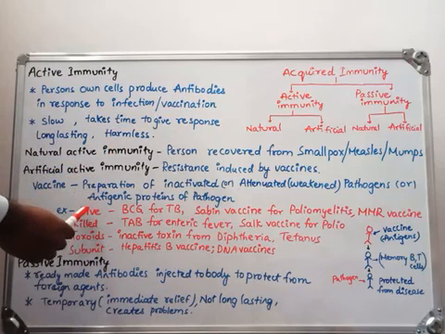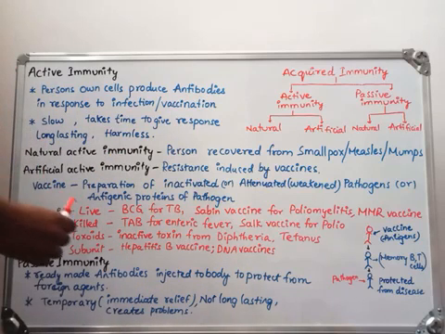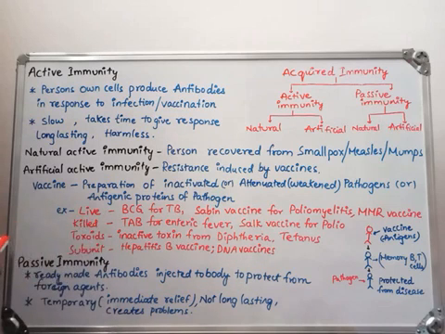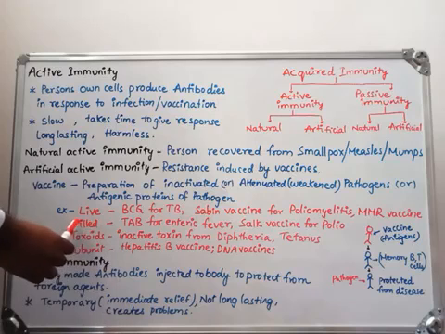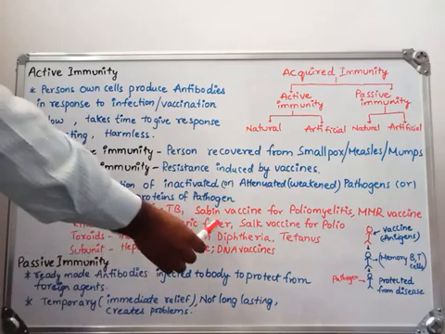Such kind of immunity we call artificial active immunity. Now the killed vaccine means the pathogen is taken and killed and used as a vaccine. Let us observe TAB vaccine for enteric fever.